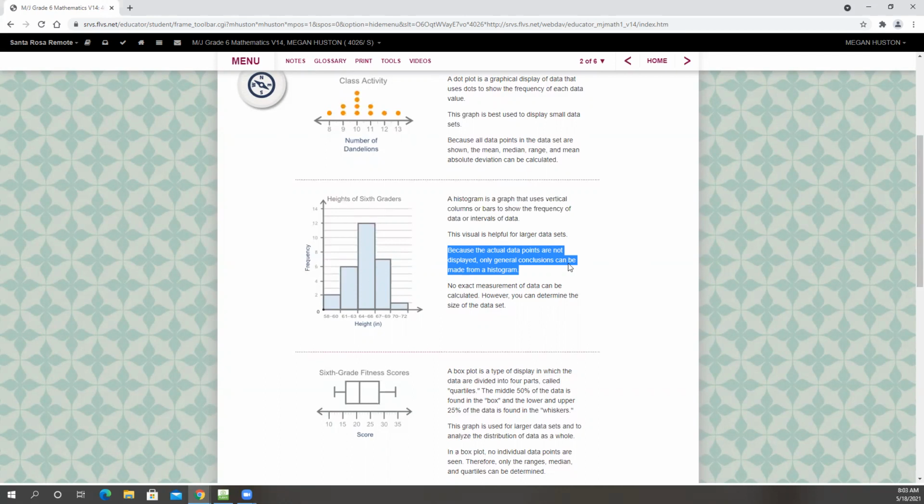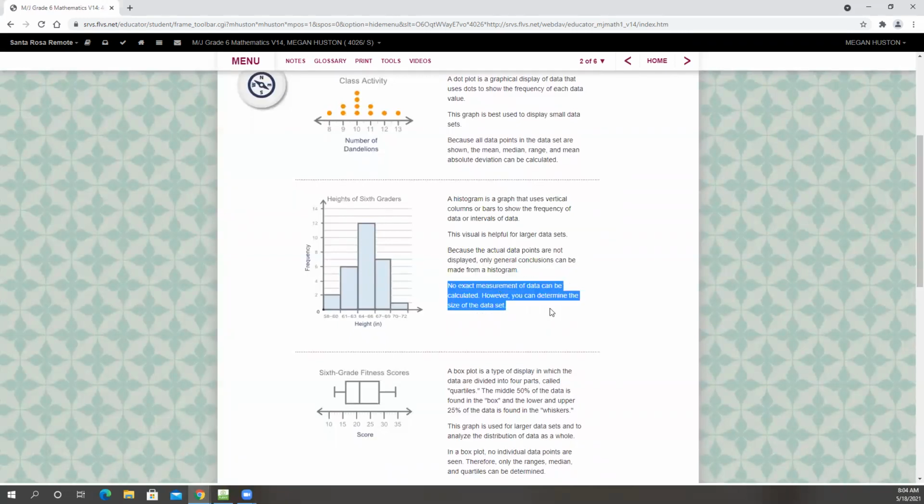Well, you can give mode here, but you can't do mean and median here. So no exact measurement of data can be calculated. However, you can determine the size of the data set. So you can figure out how many people were surveyed in a histogram. You just have to add up all the heights. So 2, 6, 12, 7, and 1. When you add that all up, that would tell you how many 6th graders were surveyed.